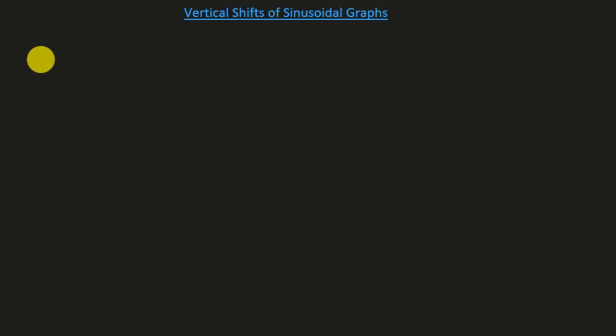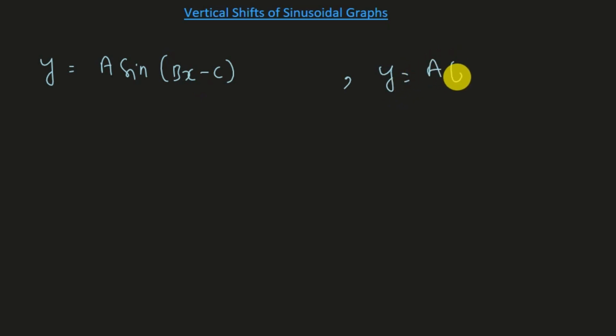So till now we discussed this type of graph, y equals a sine bx minus c. This we discussed in the previous video, and in this video we discussed y equals a cosine bx minus c. Now here the graph can also shift vertically. If I add d here, plus d, here also plus d.